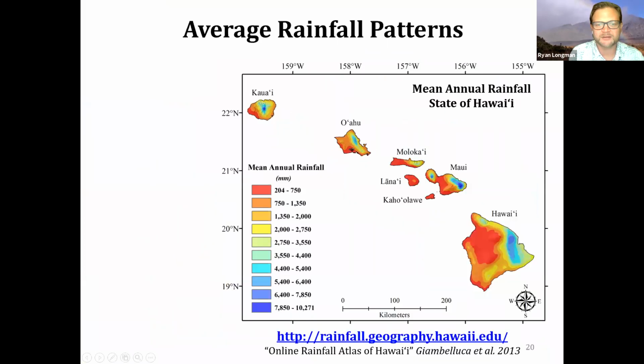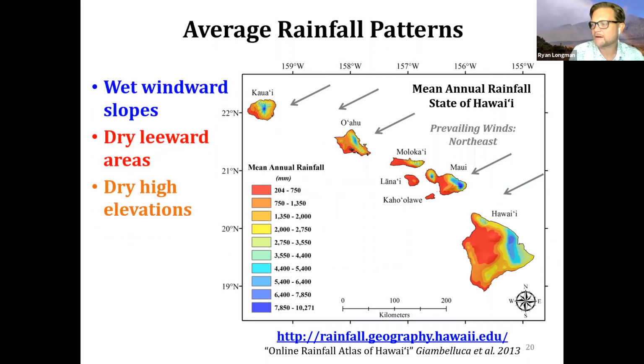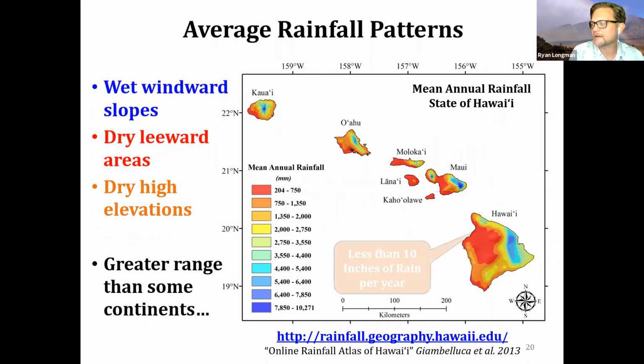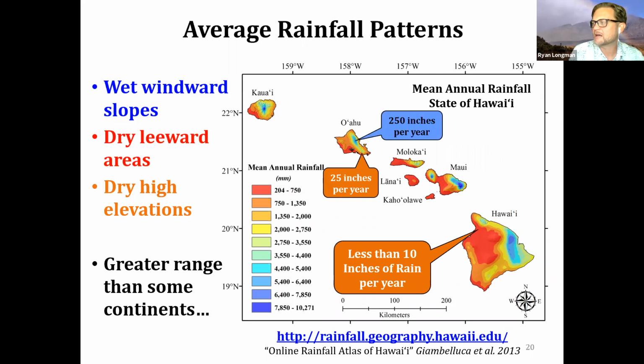And we also have very unique rainfall patterns where, again, our windward sides are going to be wet, our leeward sides are going to be dry, and it's really going to be significant. So less than 10 inches of rainfall, 25 inches, as opposed to 250 inches in the Koolau Mountains.